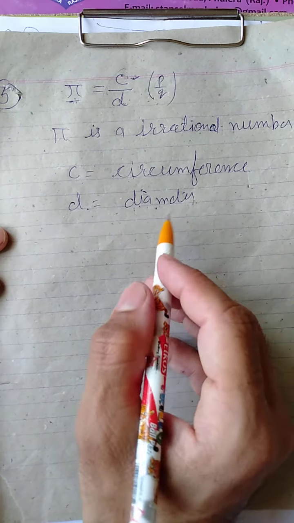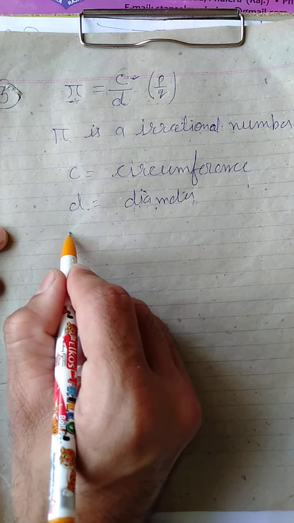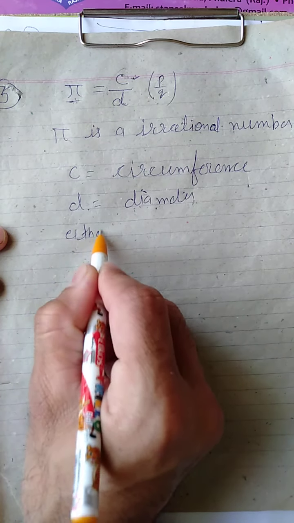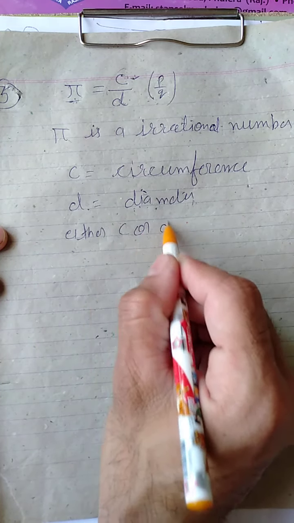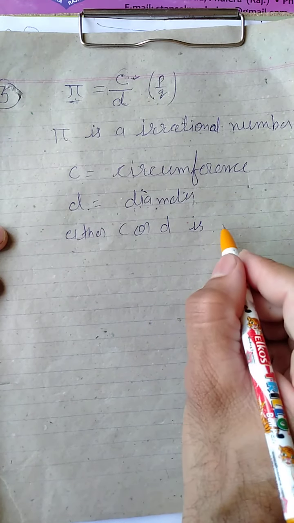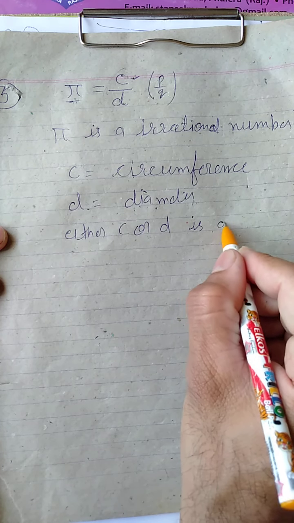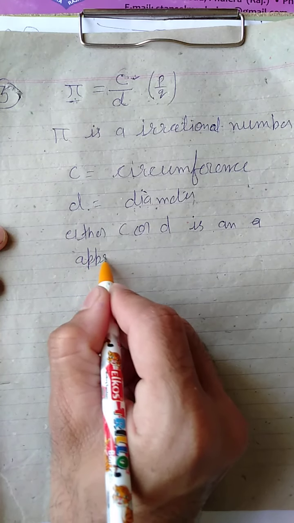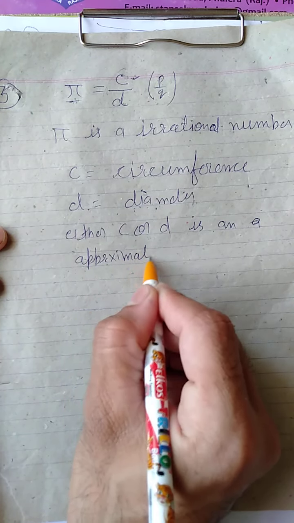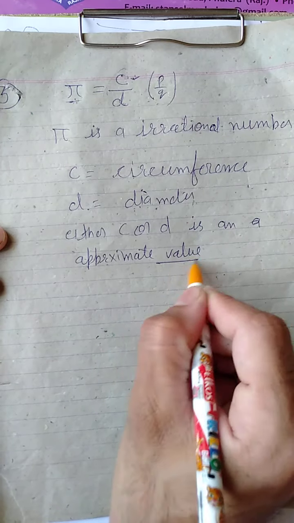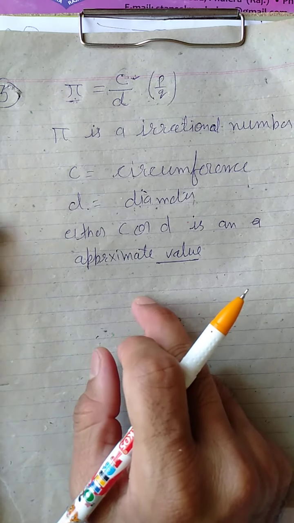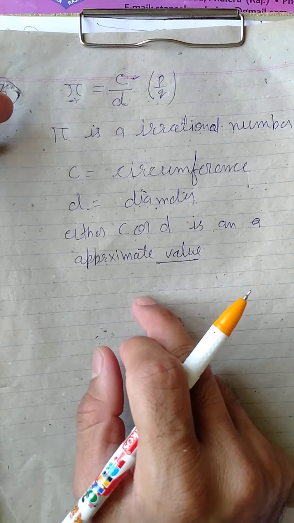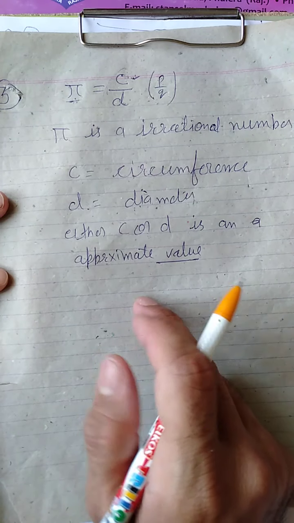This will be approximate, either C or D is an approximate value. We will have to take an approximate value, right? So by looking we can say C and D, but actually this is irrational.